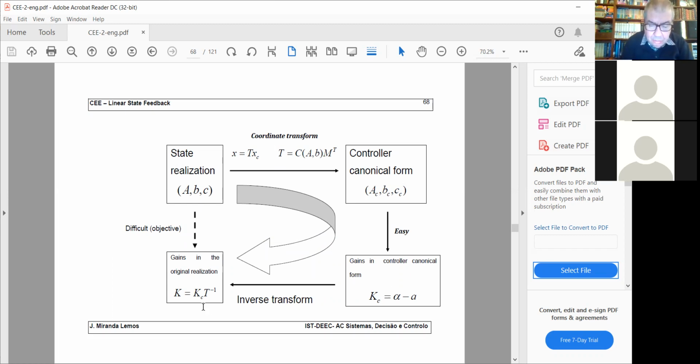Any question about this proof? No questions? Okay.